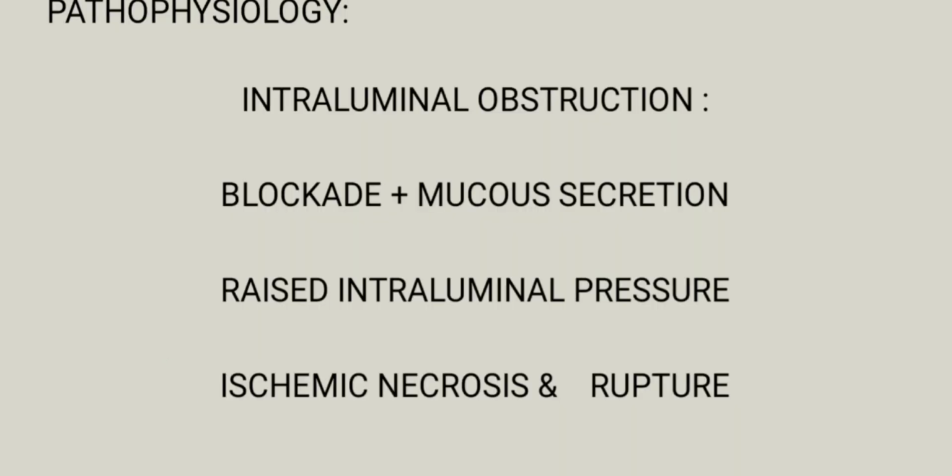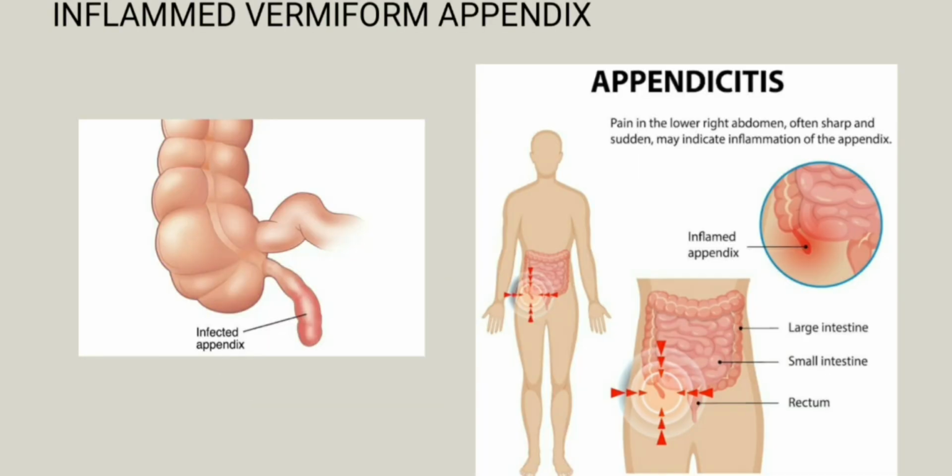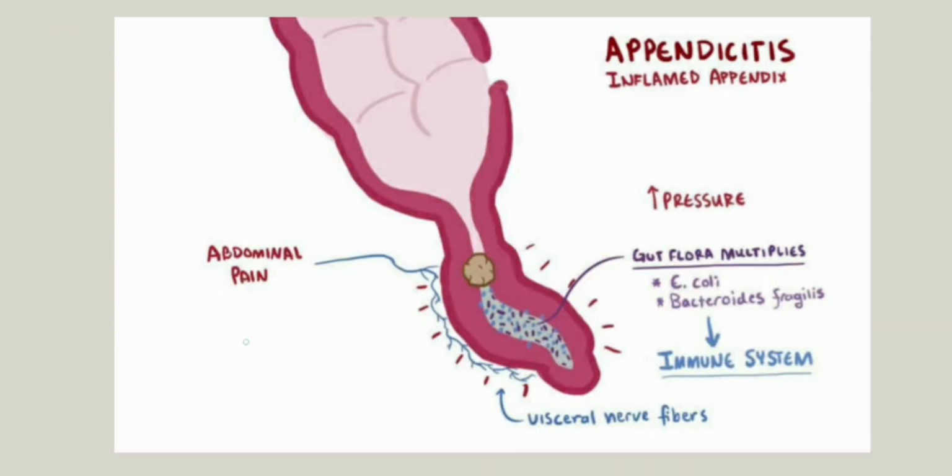So, pathophysiology, how does the appendix get inflamed? Well, everything revolves around intraluminal obstruction. Intraluminal obstruction would mean obstruction of the lumen of the appendix, and this could happen from foreign bodies blocking the lumen of the appendix, as seen here.